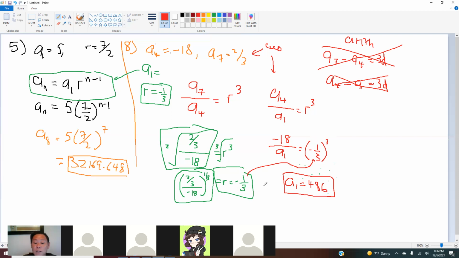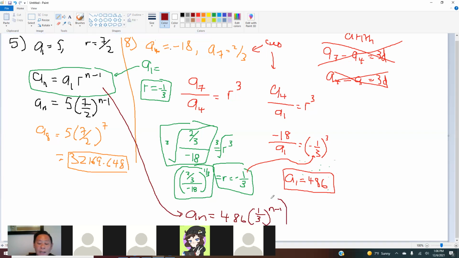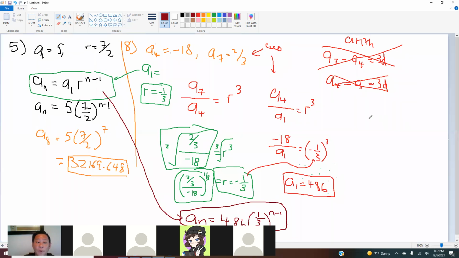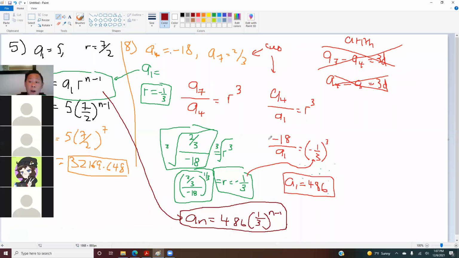Once you have A1 and R, you just plug them back into this formula and you will get your AN term. So AN in this case is 486 times 1/3, your R, to the n minus 1. So this is your AN term in this case. It's very similar to arithmetic.